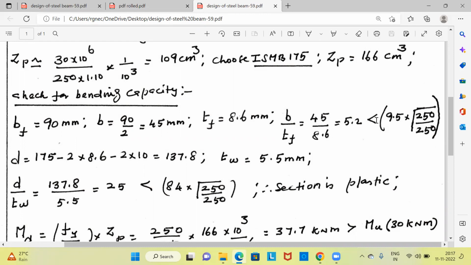The limiting ratio, the critical ratio, is 9.5 into epsilon, generally this factor will be 1. This 250 in the numerator will remain constant. This 250 in the denominator corresponds to Fy of the steel grade which is used. This steel Fy value will be 250 unless otherwise specified.